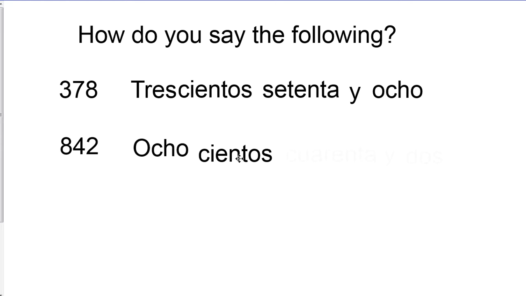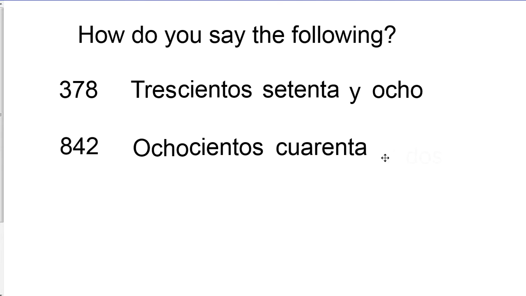Here's the word for 800s. To add 40, we're going to say cuarenta. To add the and, we're going to say y. And then 2 is the word dos. So hopefully this makes some sense to you. We're going to practice a little bit more in class, but this is just an intro to numbers. Good luck.